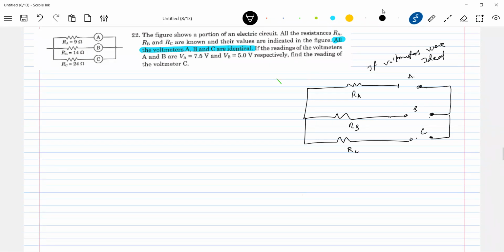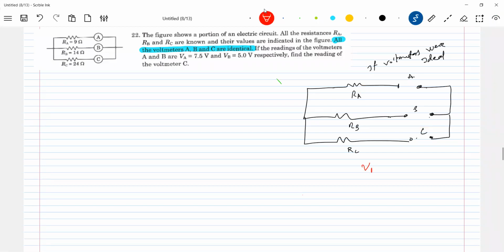No current will flow in this branch, no current will flow in this branch. So definitely the voltmeters are not ideal, they are practical. If they were ideal, this would have been the situation. If you write the loop equation, as no current flows, then VA equal to VB equal to VC. If they were ideal, all would have read the same.